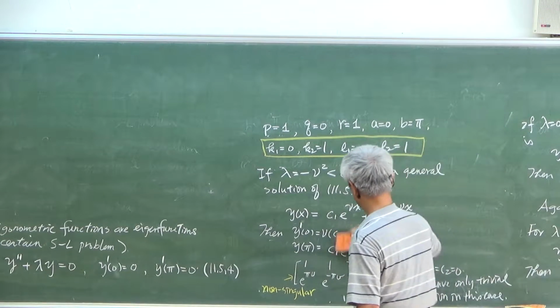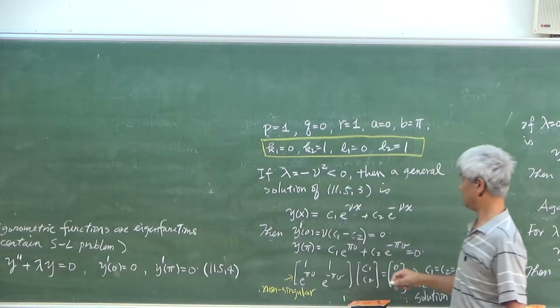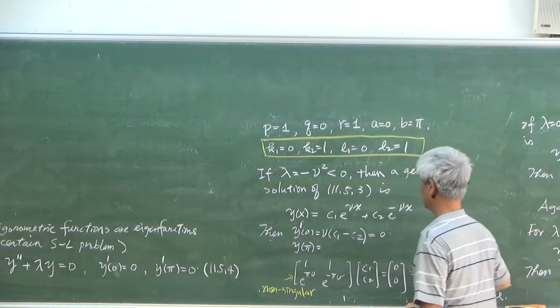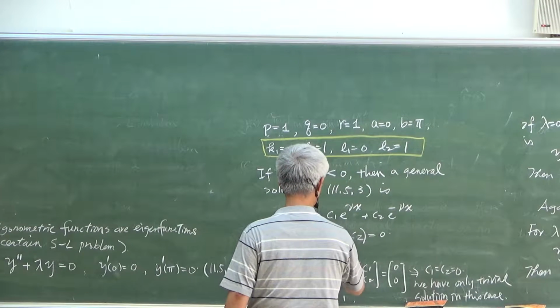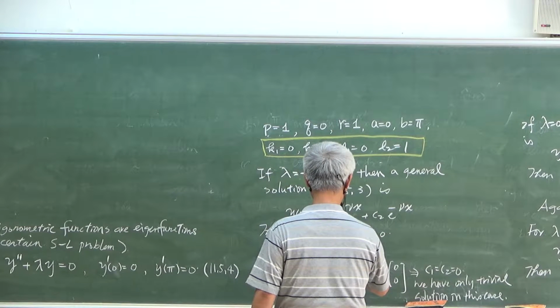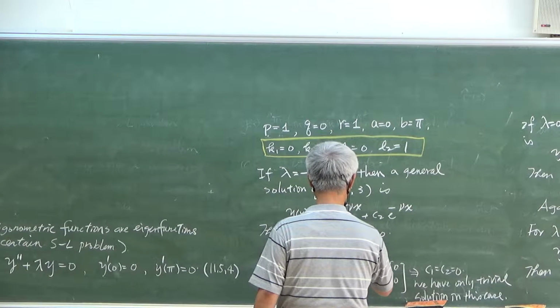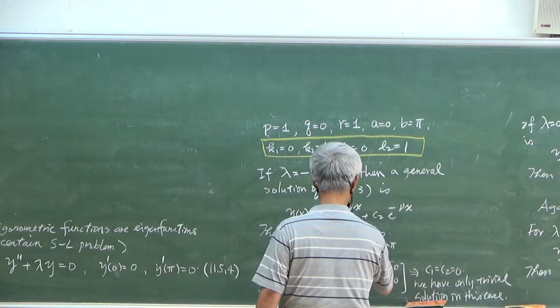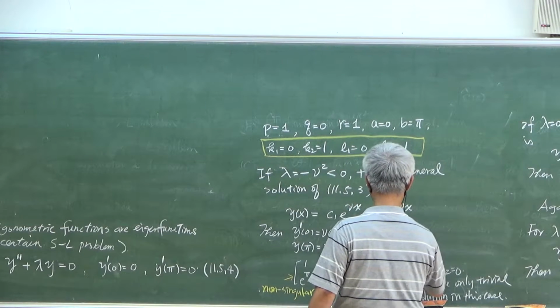So we have mu c1 e to the mu, minus c2, at pi equal to 0.